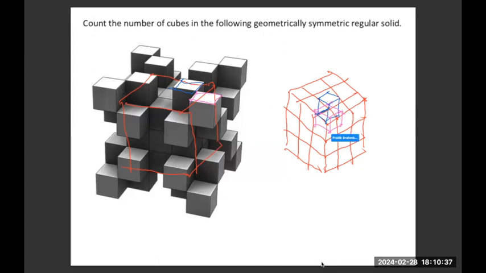There will be a third cube which is getting attached here, which is here. A fourth cube which gets attached here, which is this cube.